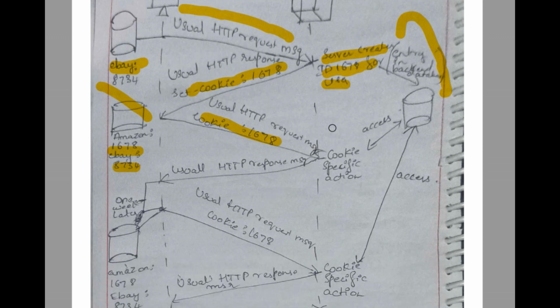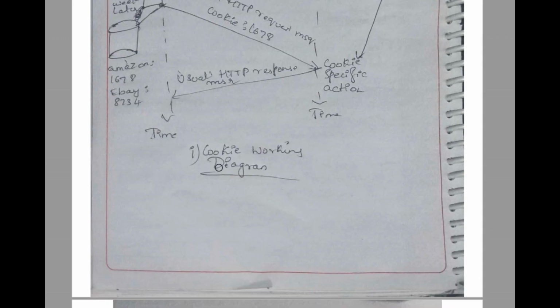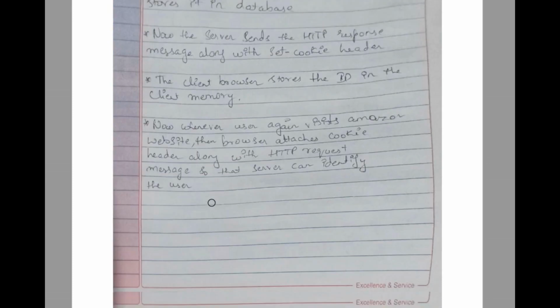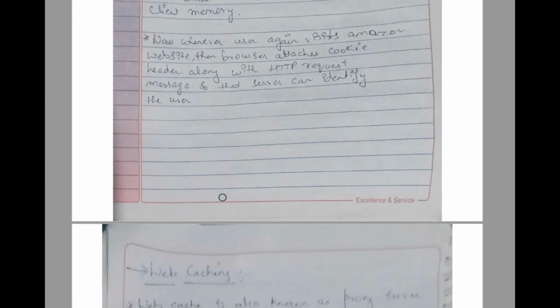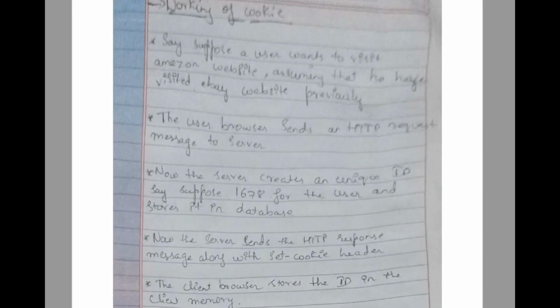You can perform any operation you want, and it is written back to the HTTP response message with the help of the cookie. It is very simple; you have to just analyze the diagram. If you see this one time, you will remember what is going on. It is the same as what I have explained.